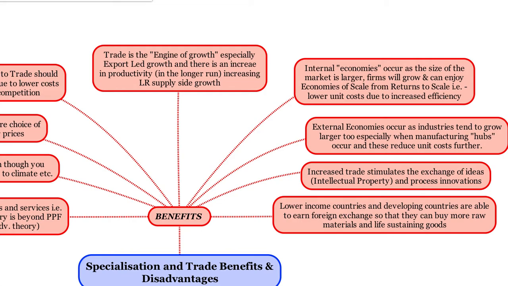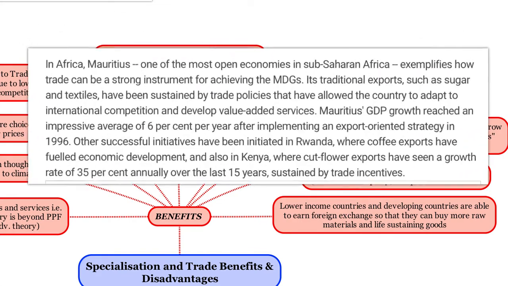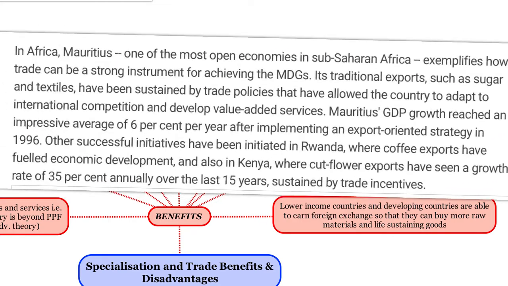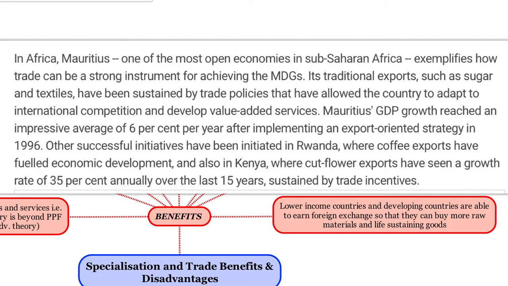But also, let's have a look at one in Sub-Saharan Africa. And Sub-Saharan Africa here has got its problems, but here's a country, Mauritius, and its exports are sugar and textiles. But what it says is that it can be a strong instrument for achieving the MDGs.